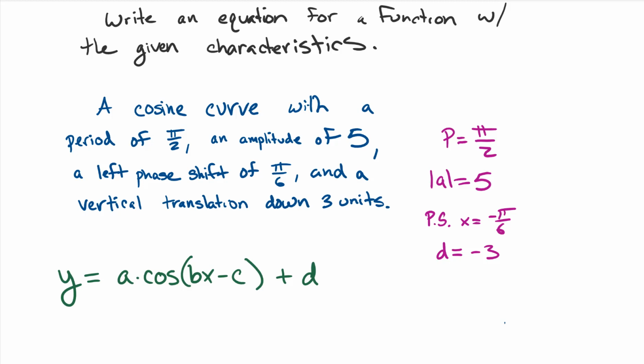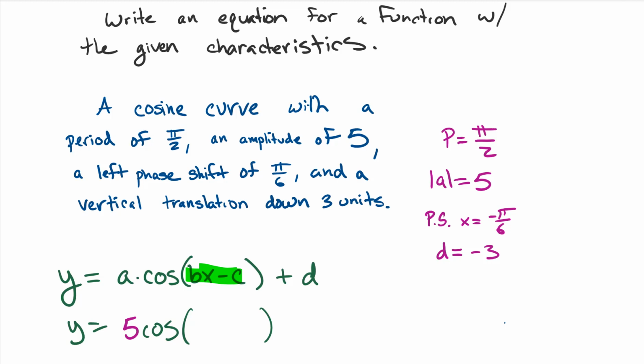Well, cool, let's fill in what we got. Y is equal to, we can put A in. It doesn't say which direction the amplitude goes, but it's just asking for an equation, not the equation. So slap that 5 in there. 5 times cosine. And now we have to find our bx minus c, and that's the pain.